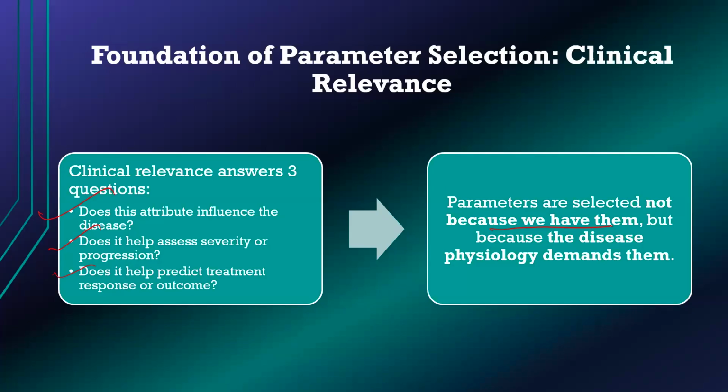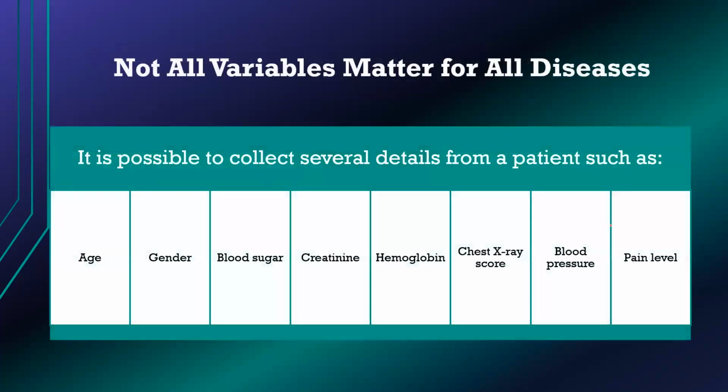What are the current conditions of the patient, what kind of histories they have, and based on that the machine learning model will be able to make predictions. So we always need to ensure the most relevant set of collections for the clinical relevance that we could teach to the AI model. We need to mention that not all variables matter for all diseases, because as I told you, there are several details of the patient.